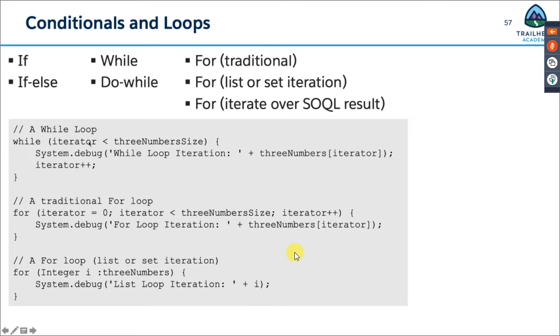If it is no longer true, then it executes the next line. The do while is similar, except that the condition comes at the bottom. If this is never true in a while loop, you will never execute this code. But in a do while, because the condition is tested at the end, it has already run at least once.